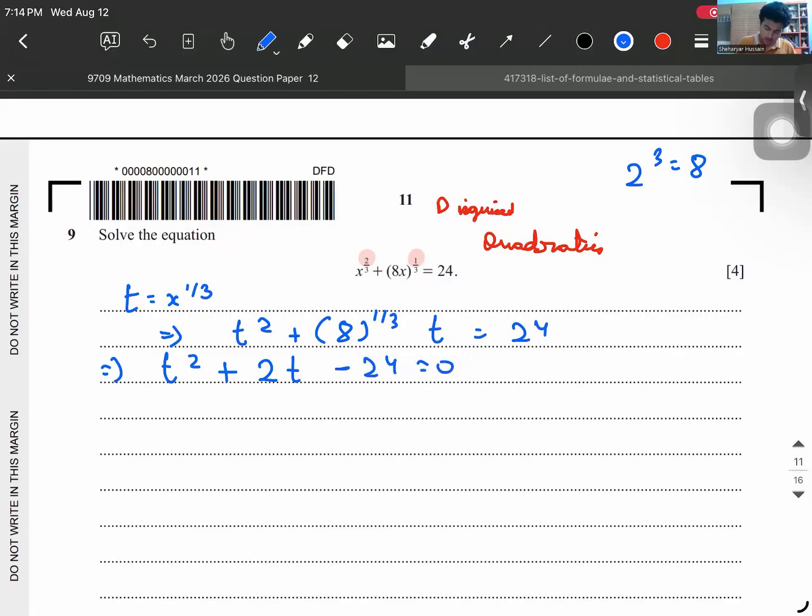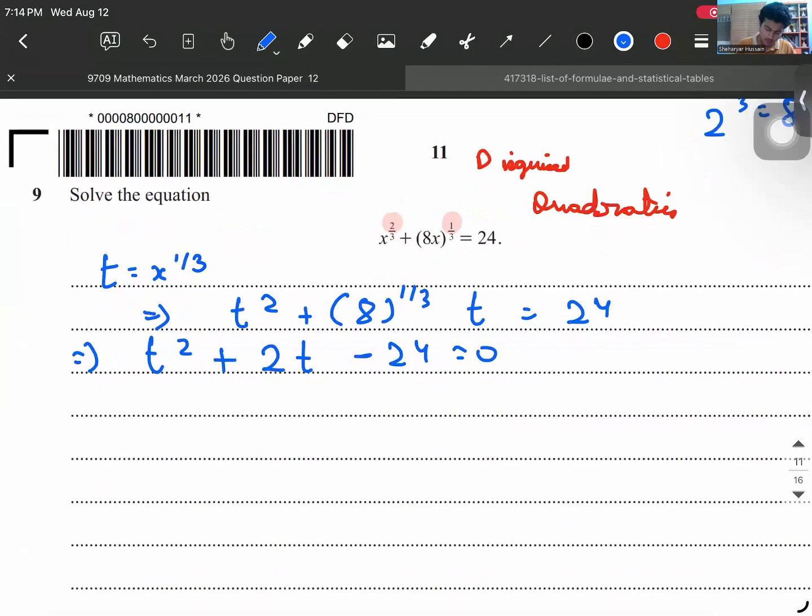Breaking the middle term. What do we get after we break the middle term? 24 and 12 to the 24, right? So t squared plus 12t minus 2t, rather, wait, 12 to the 24, 6 into 4, what do we get? Sorry, my bad. 6 for the 24.